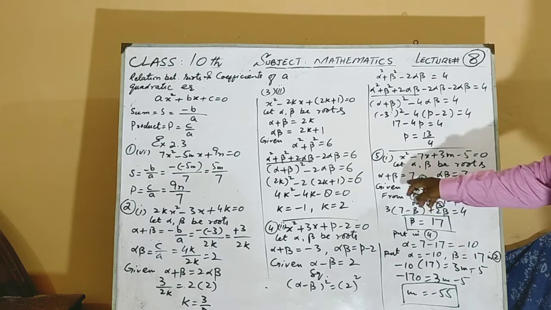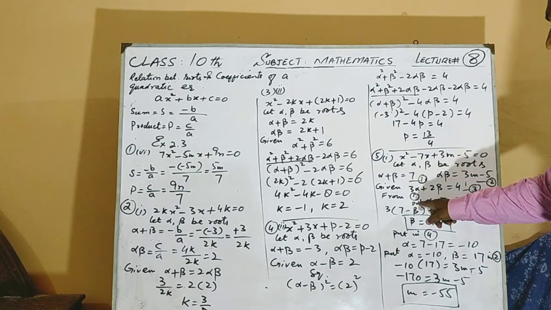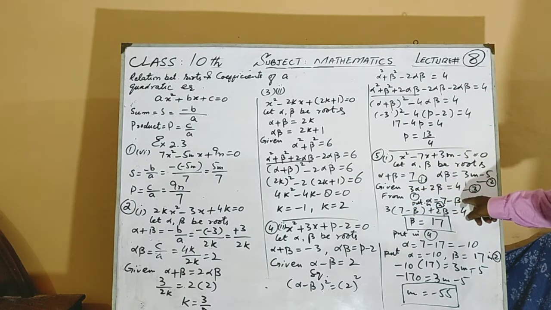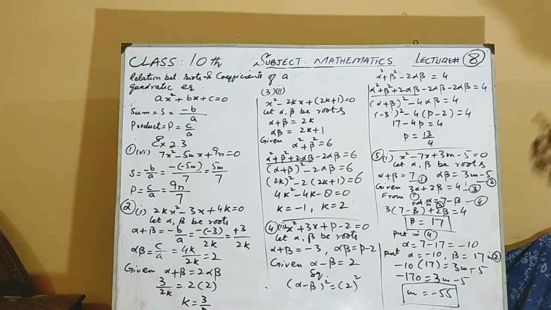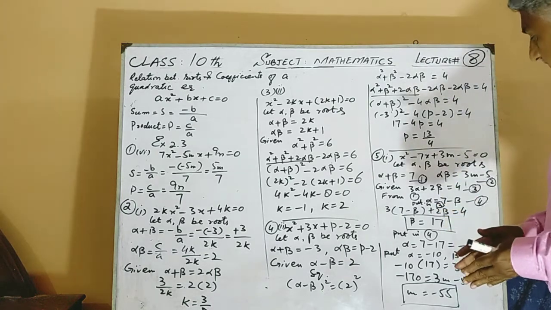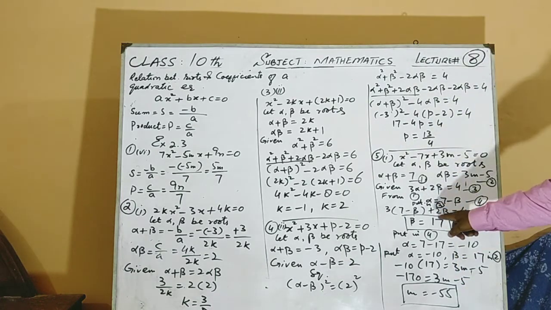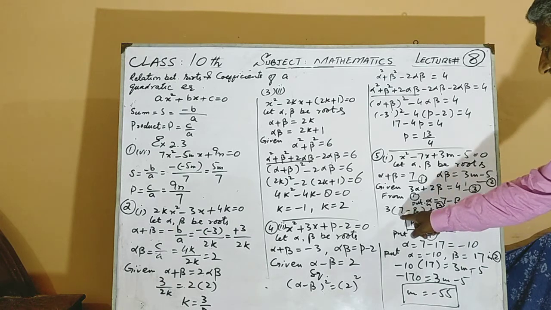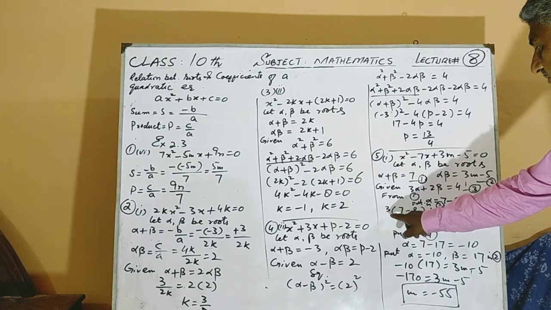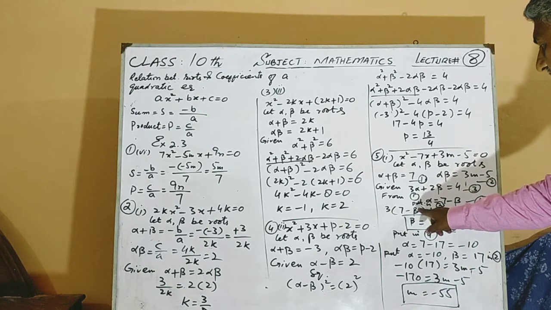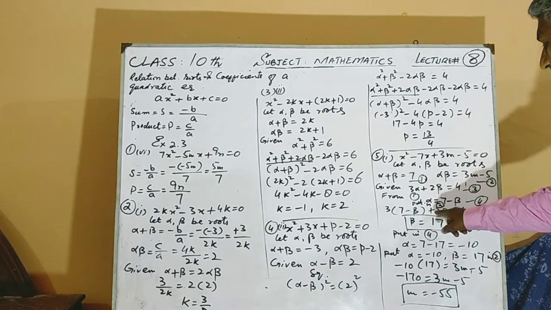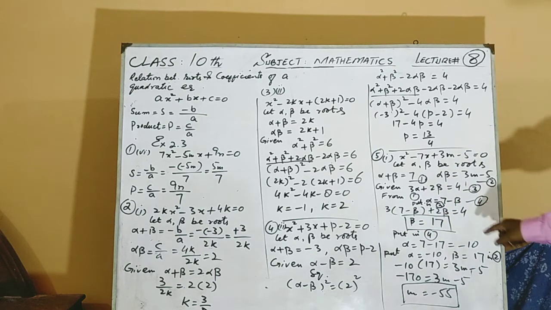From equation 1 we get alpha is equal to 7 minus beta, and suppose this is equation 4. Now we put the value of alpha, 7 minus beta, in equation 3, and we will get 3 bracket 7 minus beta bracket close plus 2 beta is equal to 4.